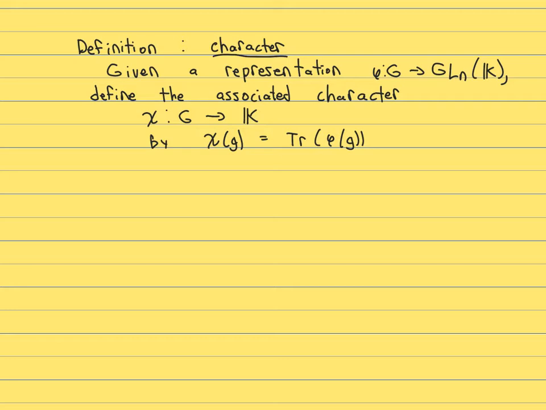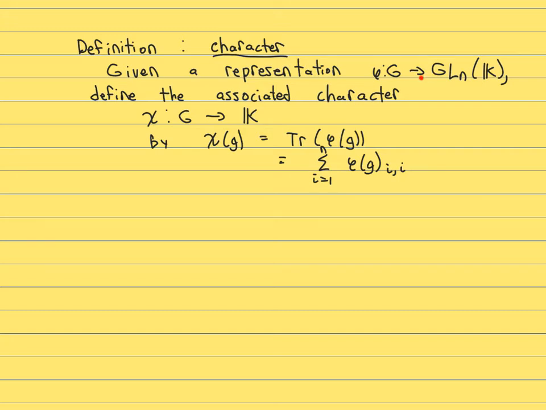And so recall that a matrix has n by n entries, n by n matrix. So this is the sum of the diagonal entries in the matrix. So that is the definition of a character. In general, a character is any such function coming from any representation.